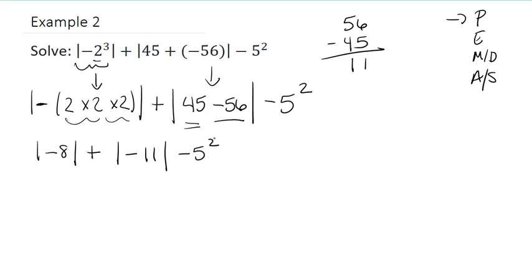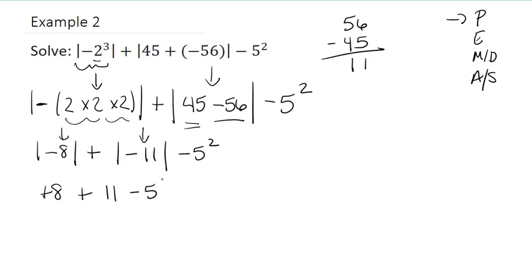So the next step will be to make anything inside these absolute value signs into positive. So let's do the first one. So negative 8 becomes positive 8 plus, and now the second absolute value becomes positive 11. And then we have 5 raised to the second power.